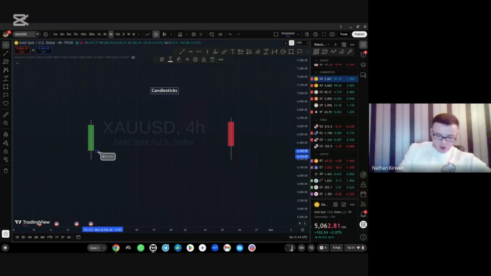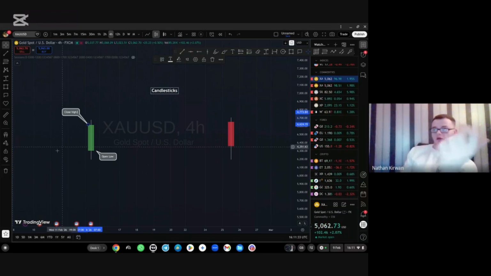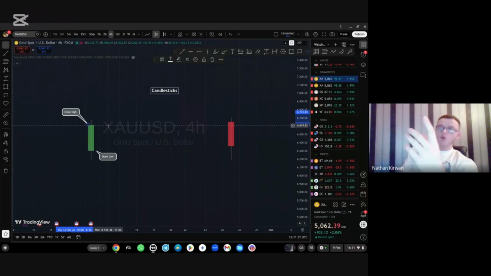So they'll open low and they will close high, which is fairly self-explanatory. If it's going to be going up, it's going to open at this level and then close up if it's a bullish candle, and vice versa if it's bearish.